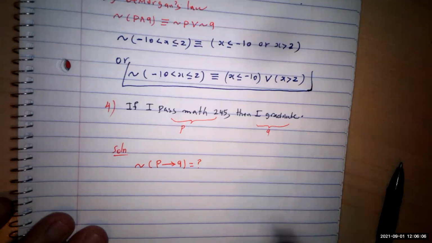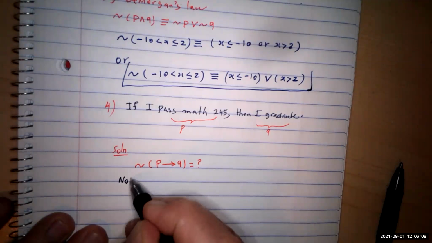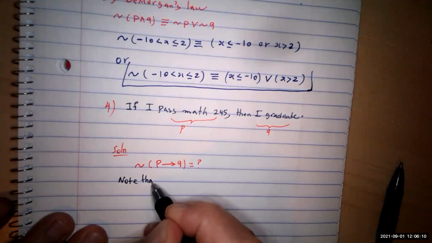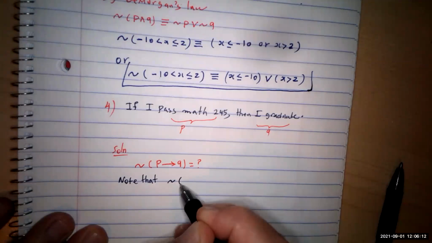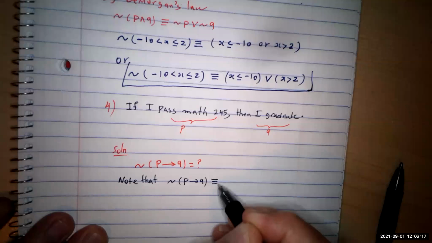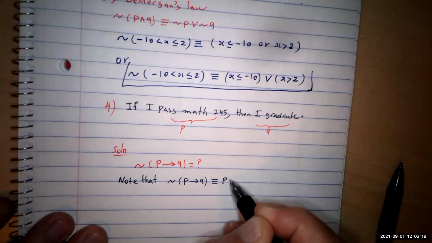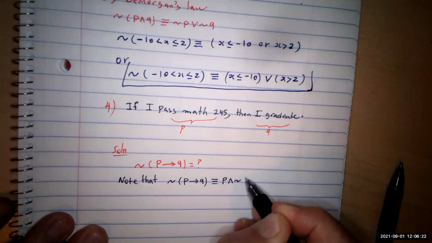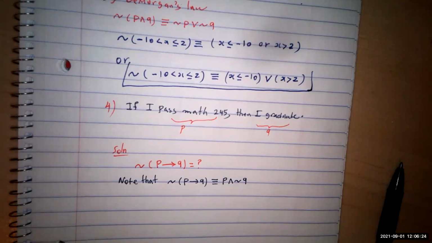Note that the negation of if P then Q is equivalent to P but not Q. See, that's the formula that you have. The negation of if P then Q is going to be P but not Q, P and not Q. Okay, that's going to be the one. Any question?